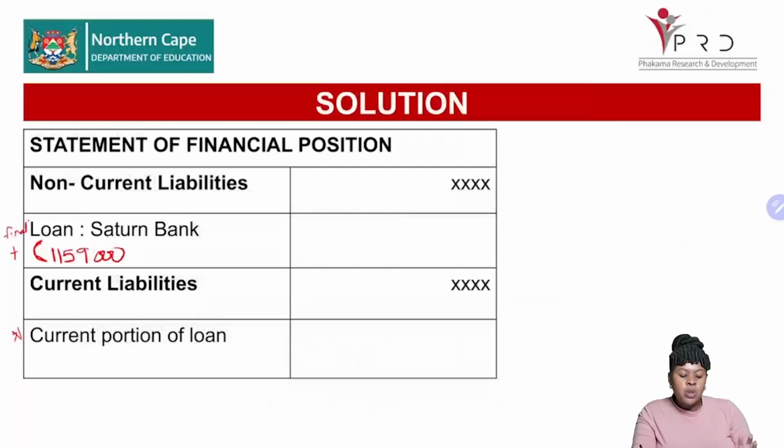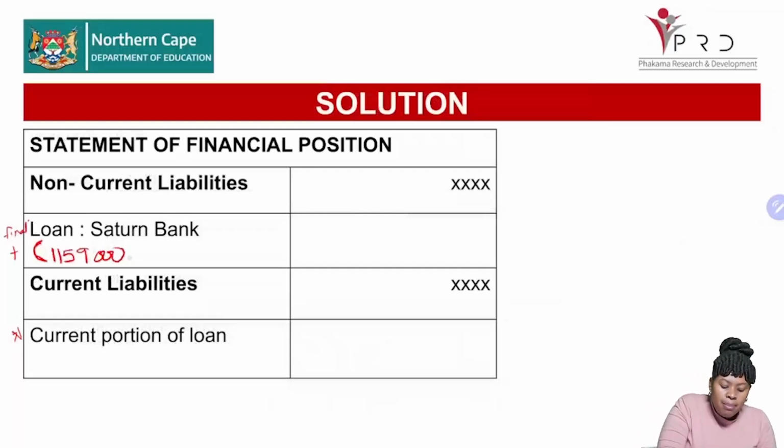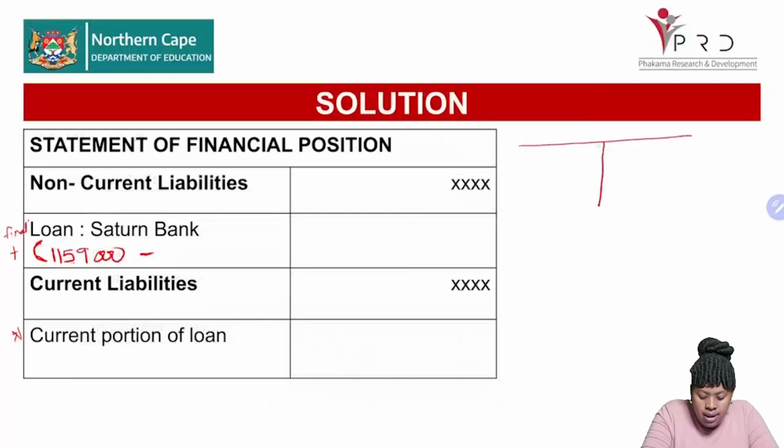Now the next step is to calculate the repayment. How much are we paying out of this amount that we still owe? I just want to quickly draw a T account over here. They said our loan is capitalized. When we are dealing with the loan, we are dealing with the liability, as you already know. On the credit side, our liability is becoming more. On the debit side, our liability is becoming less.